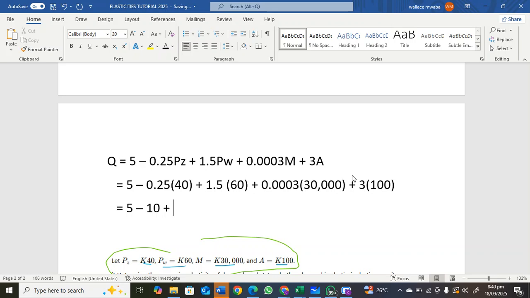We get 90, plus 0.0003 times 30,000, you get 9, plus 300.